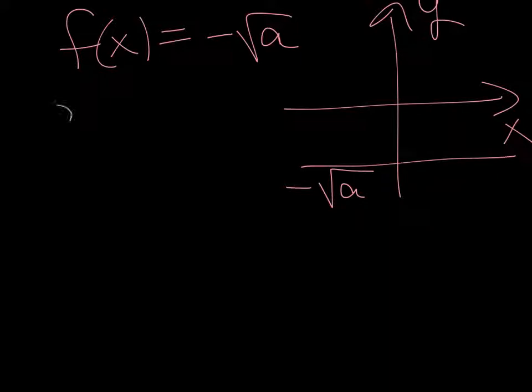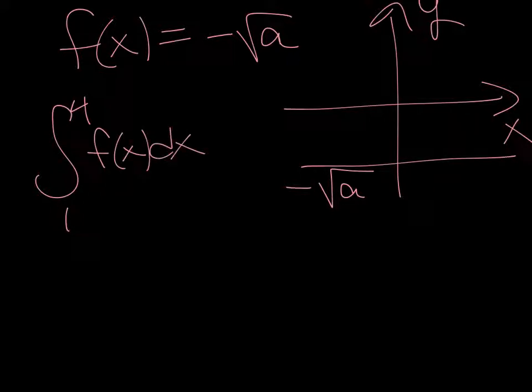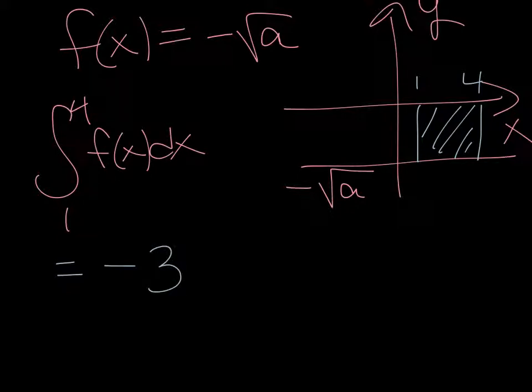If I want to know the integral from 1 to 4 of f of x dx, that is the integral below the x-axis from 1 to 4. Since the region is below the x-axis, it's negative the area of that rectangle, and the base is 3, and the height, it's a negative height, but the height is the square root of a.